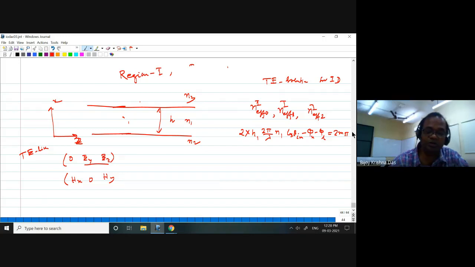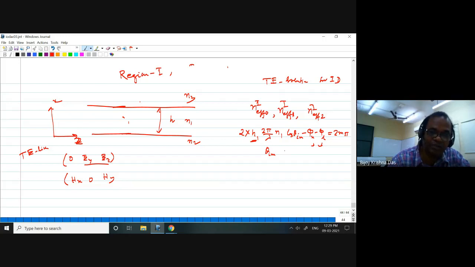This equation I will be using. Phi u and phi l also depend on the geometry. You can consider h1 here, the thickness, instead of d, and in that case I will be getting solutions for theta im, theta i0, theta i1, and so on.